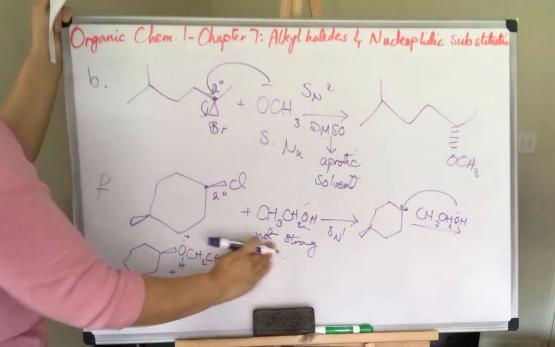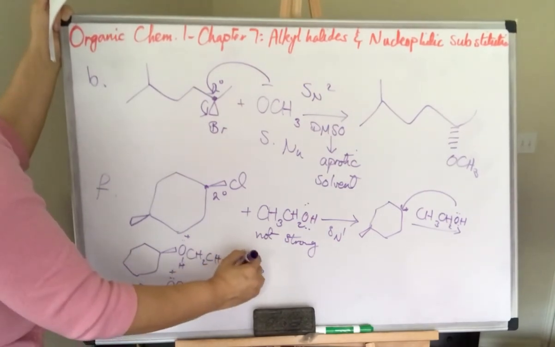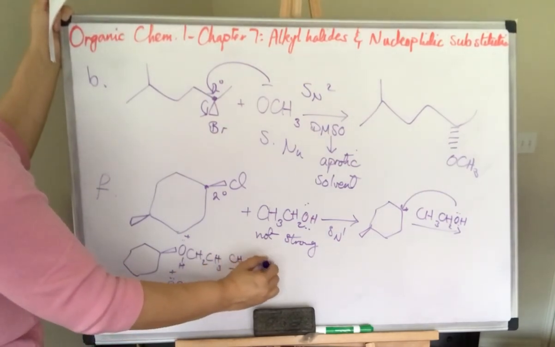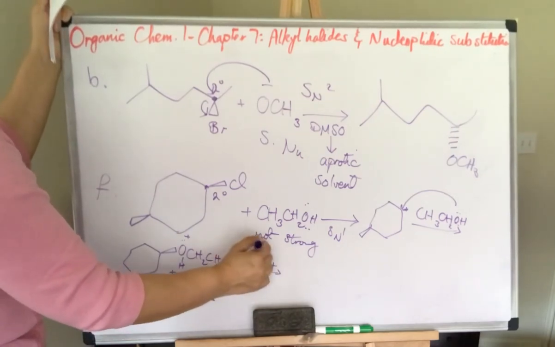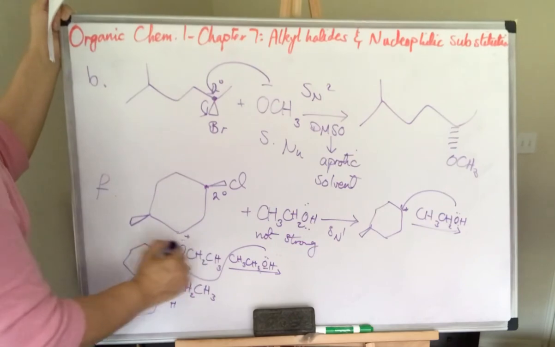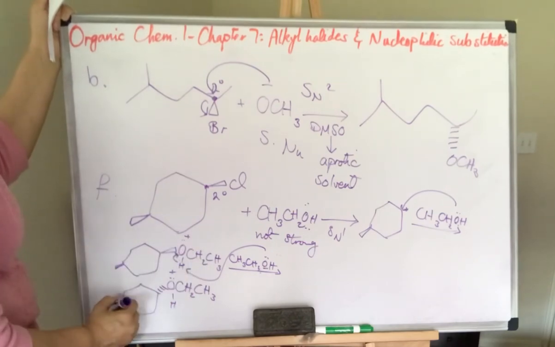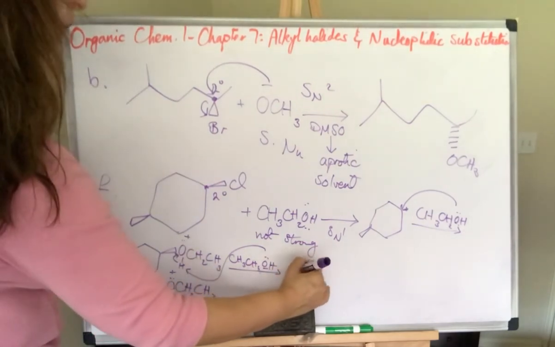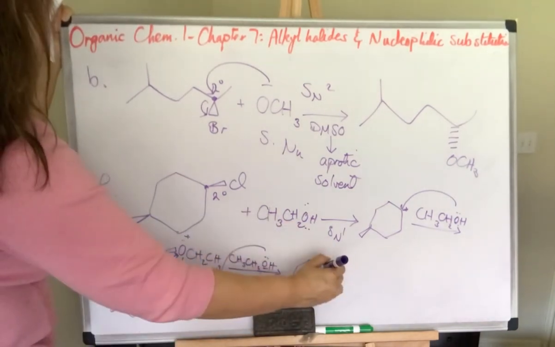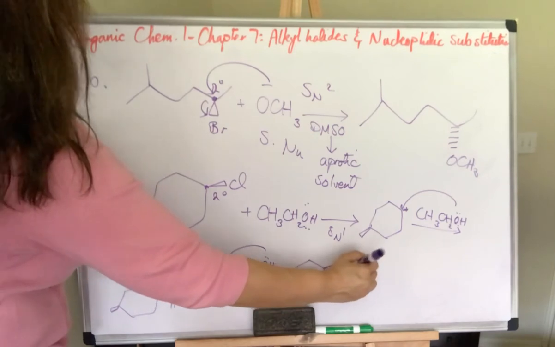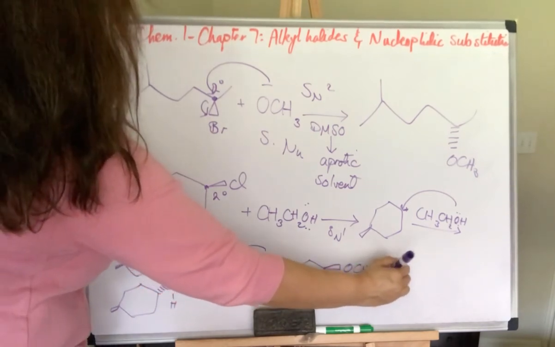Then now the second CH3CH2OH molecule helps the first one to stabilize the charge. Don't forget we have methyl groups here. So we have OCH2CH3.